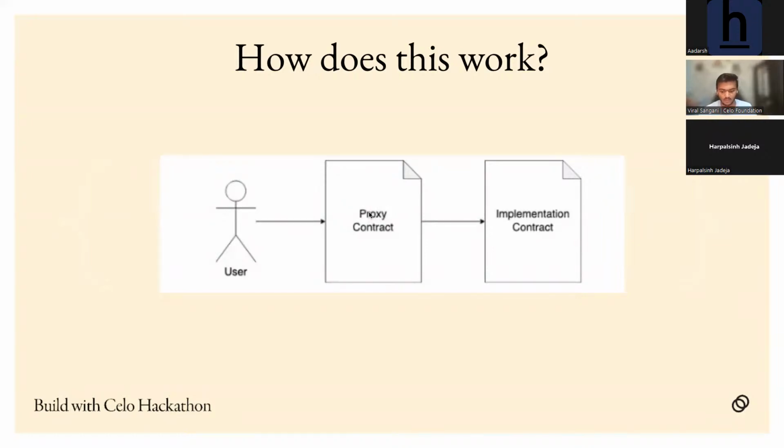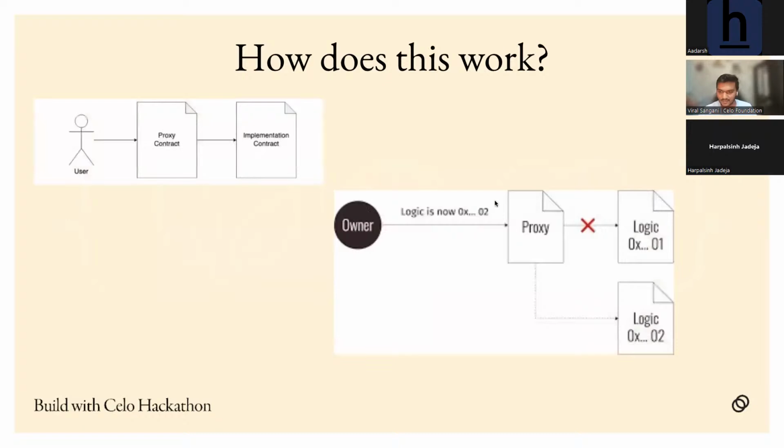So what does this give you? This is the flexibility to change your implementation contract. Let's say this is your version one. Once you deploy it, you have your proxy contract pointing to your version one, but you had some logic errors or some bugs. Then you create a version two of your smart contract and you just tell your proxy to point to version two.